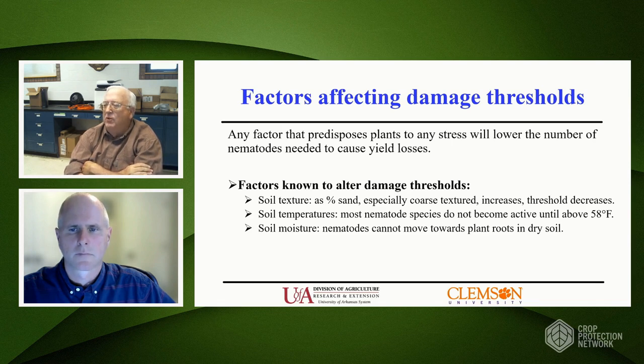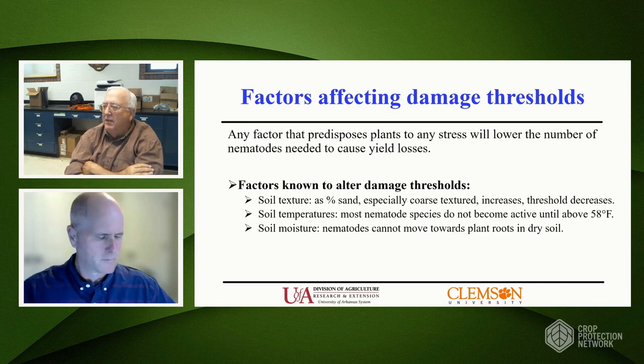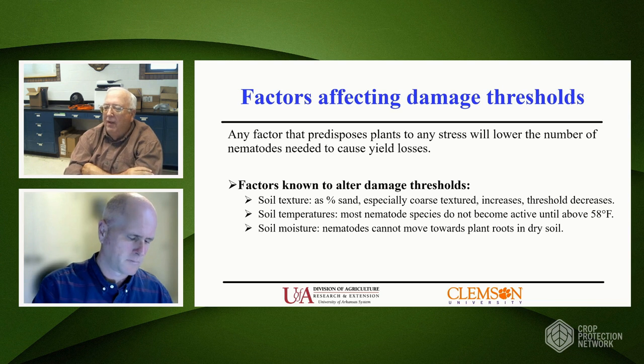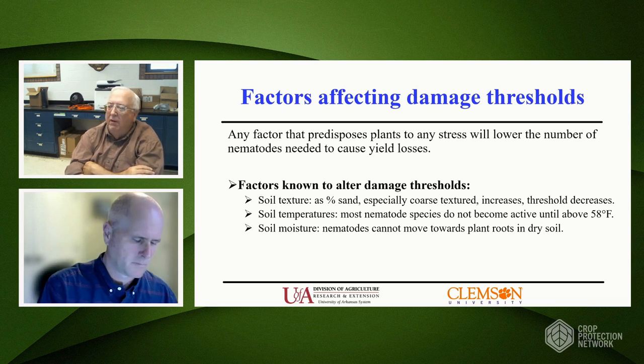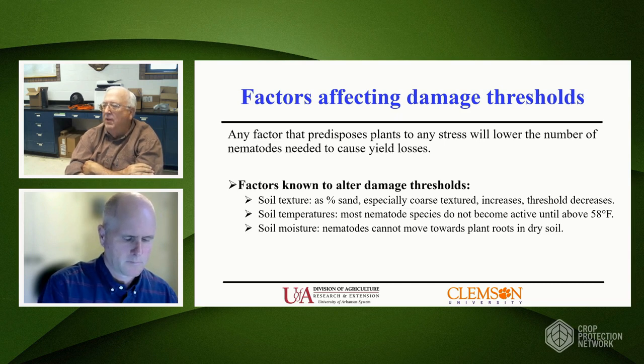A few nematodes feeding on the growing point of the taproot of a cotton plant can stun it and set it back a month. Whereas with corn, you don't have a real taproot. You have all these brace roots and extra roots that come out 30 days into the growing season and can compensate in a hurry for the damage the nematodes may have done in that first week or two.